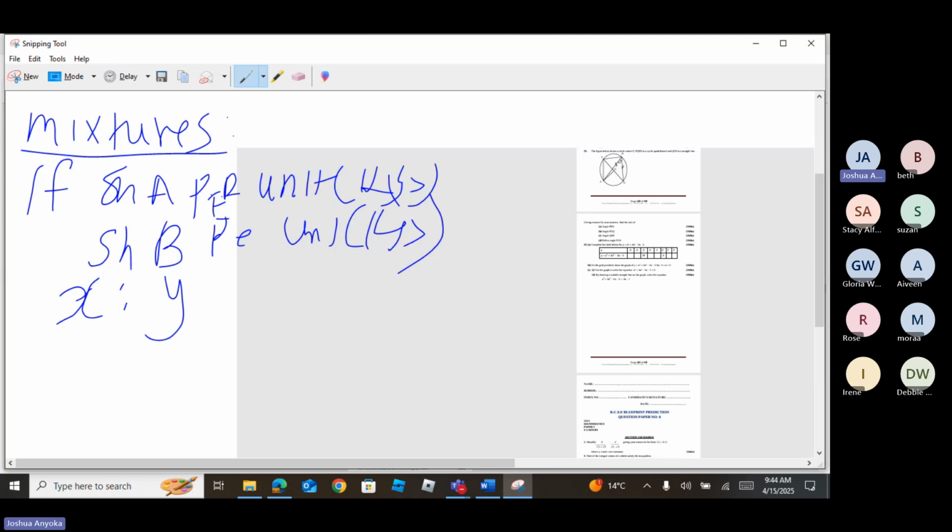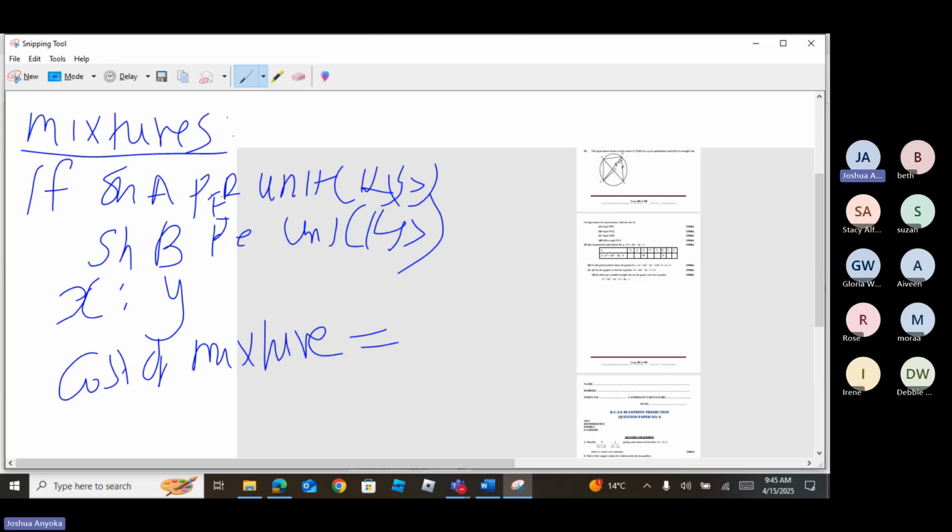So we want the cost of mixture. Cost of the mixture would always be equals to total cost over total number of units, total proportions.